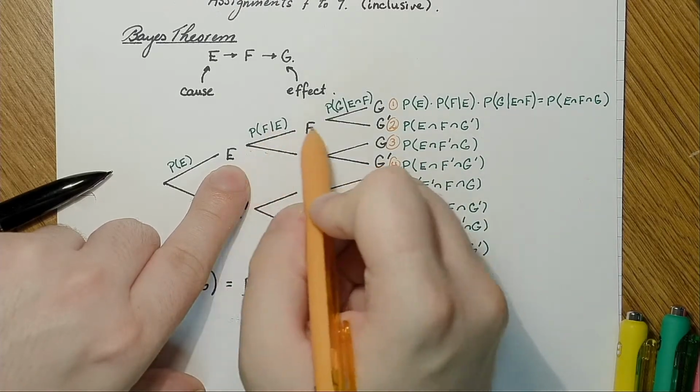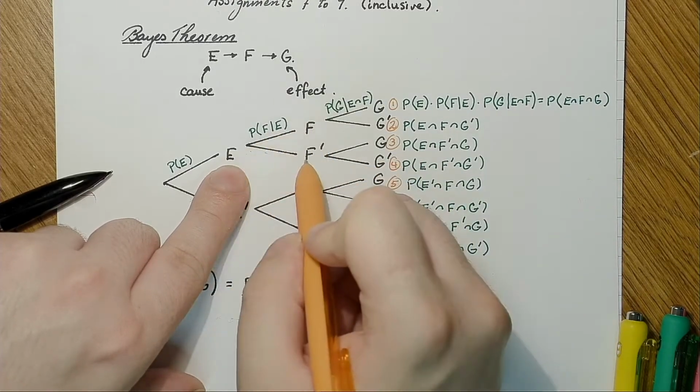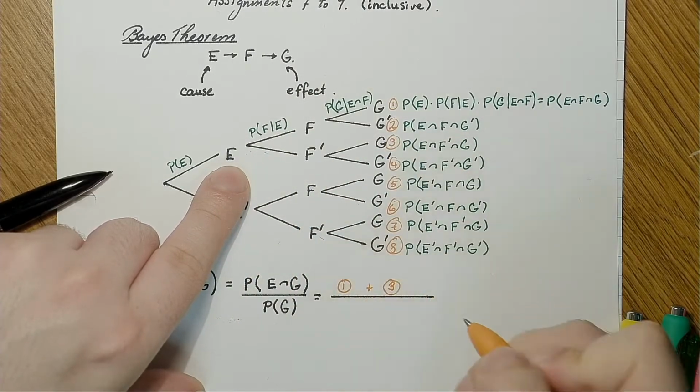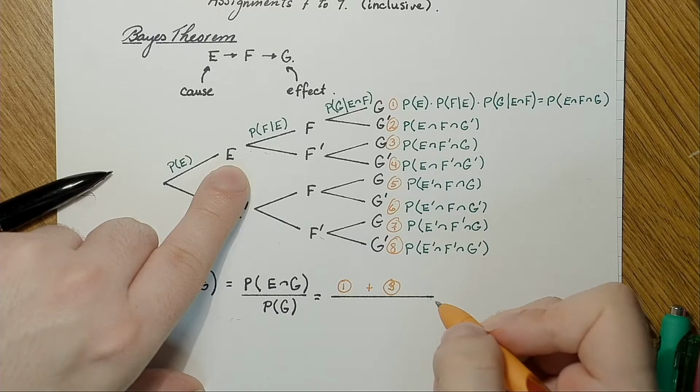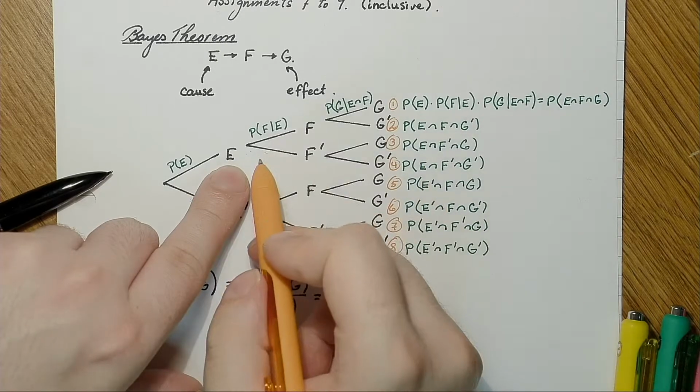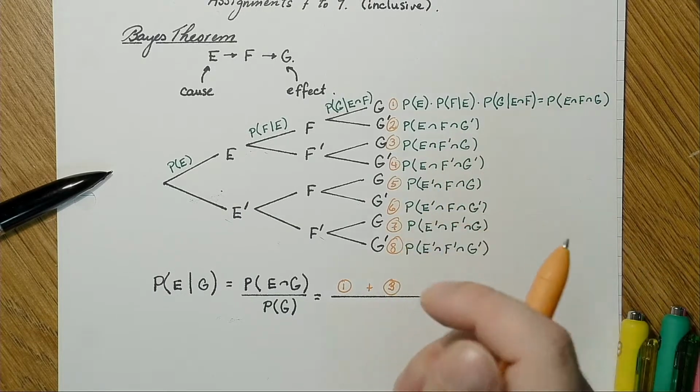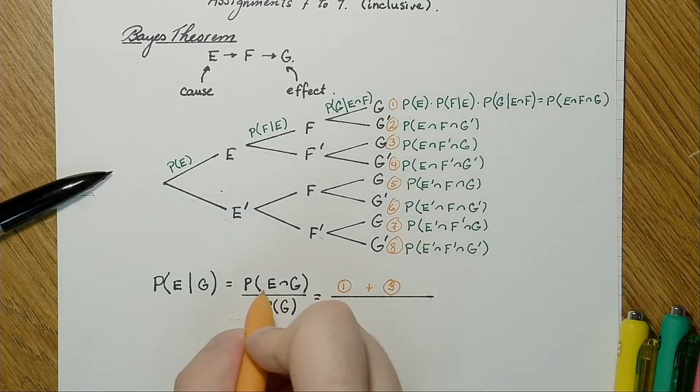The other one that I can have is E, F prime, and G. So that's plus branch 3. Those are the 2 possibilities where I have E and G.